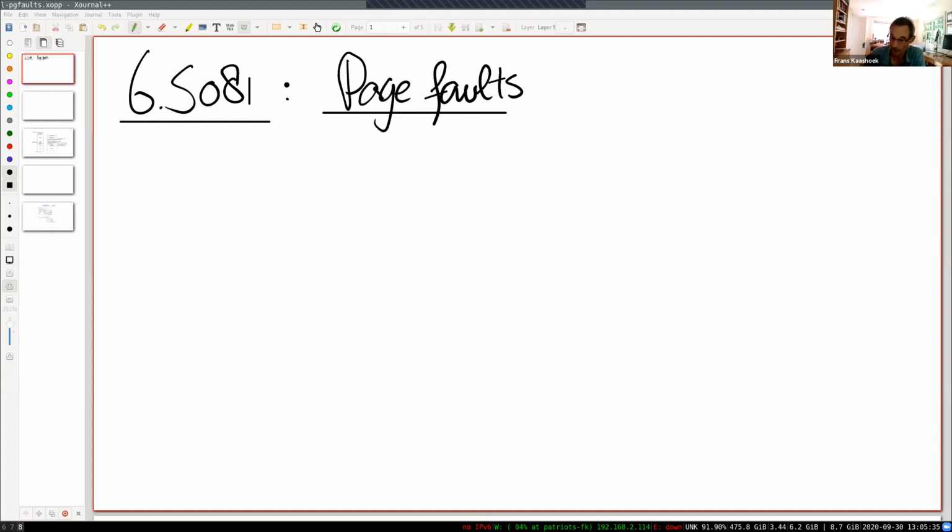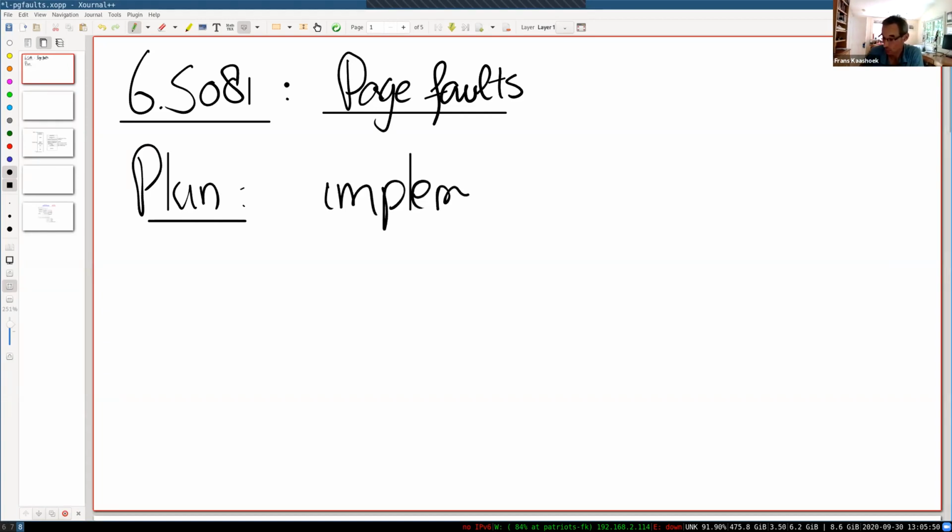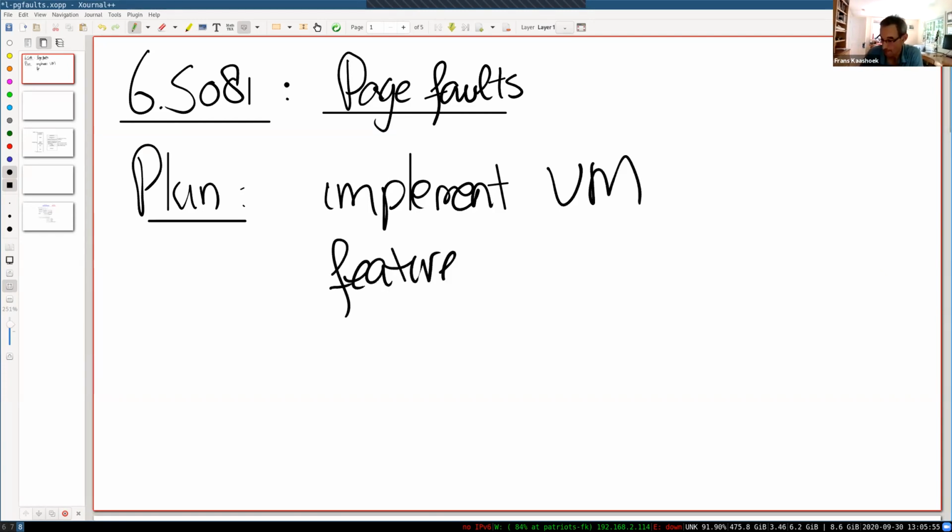Today's lecture is going to be about page faults. The plan is to implement a number of virtual memory features using page faults.